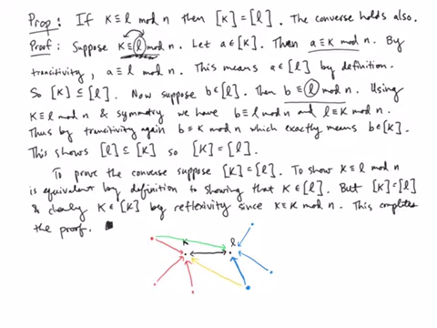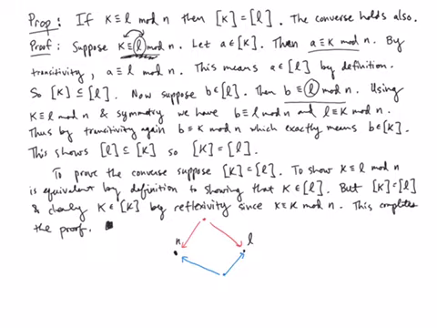And on the other hand, the converse proposition looks like this. If you have two things, k and l, and you know that anything which points to k also points to l, and vice versa, anything that points to l also points to k, well, then there has to be an arrow from k to l.